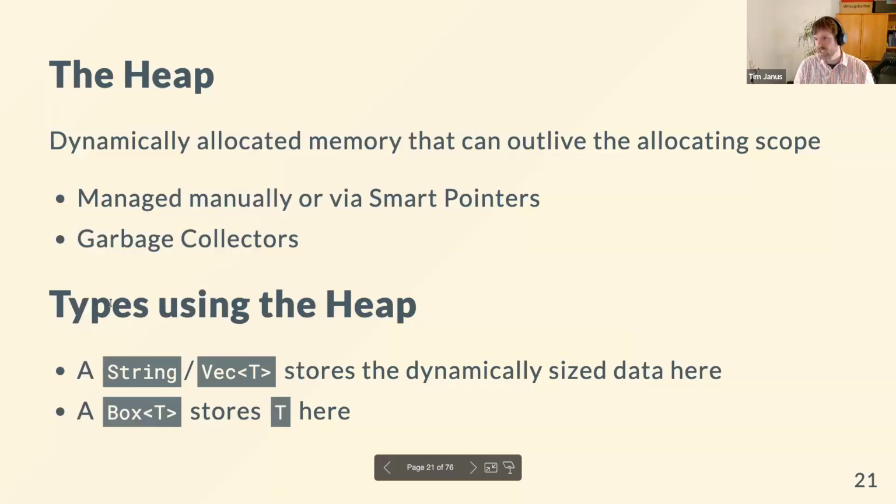And there are built-in types in Rust that use the heap too, that is string, and the vector type, so the dynamic resized array, for example. Another type we will see later is a Box<T>, which just stores some type T on the heap.